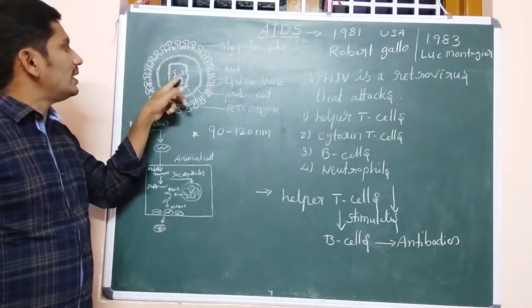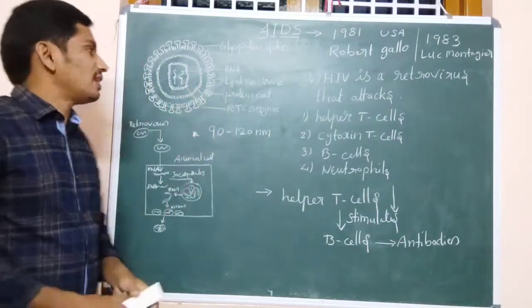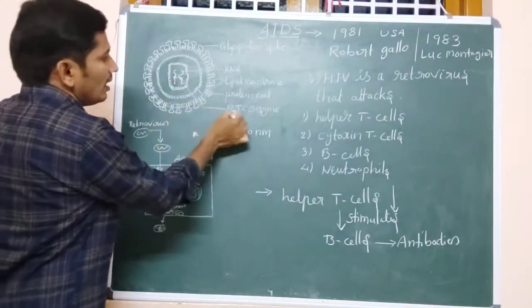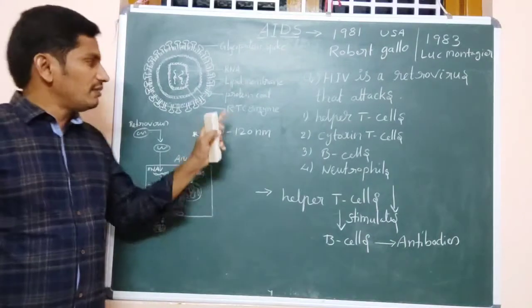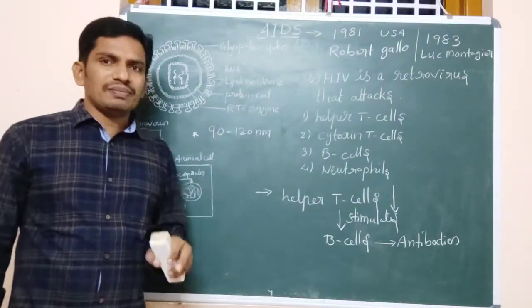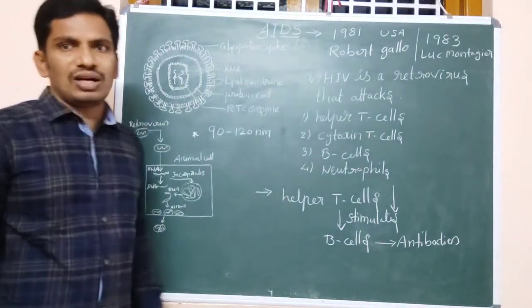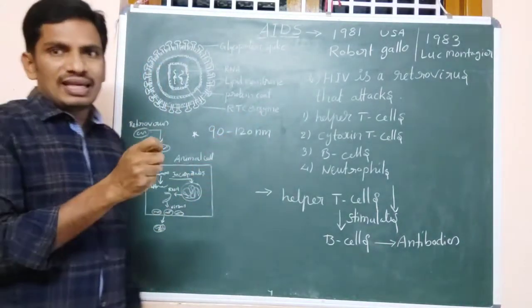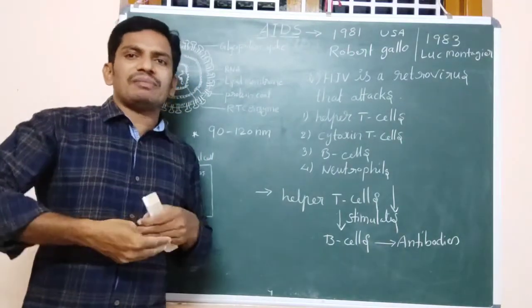See, these two identical single-stranded RNA fragments are associated with the reverse transcriptase enzyme. This enzyme forms DNA from the RNA.